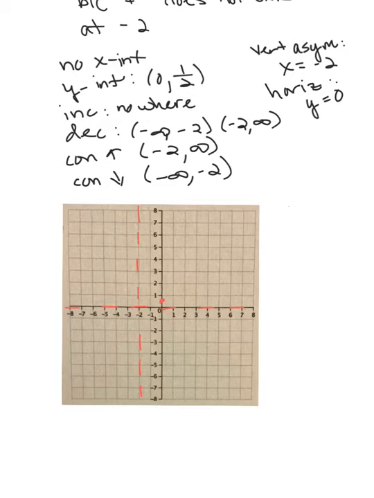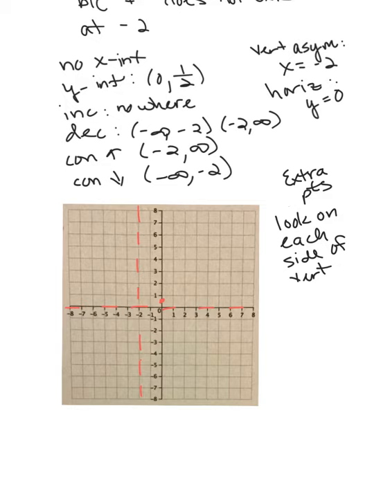Let's find some extra points. Because all we've got right now is that one single point, and it doesn't give us any information about the shape of the graph. What I do to find extra points is look on each side of the vertical asymptote and plug in a couple x values on each side of that.